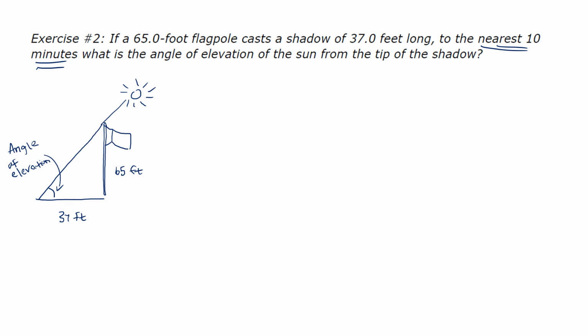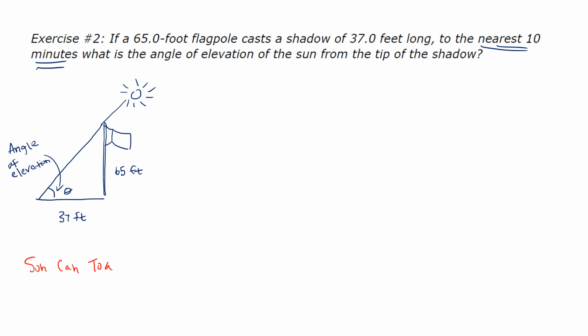Okay. So we want the angle of elevation. So we can give this theta. We want theta. So knowing our trig functions, SOHCAHTOA, we know our angle is theta, it's unknown.